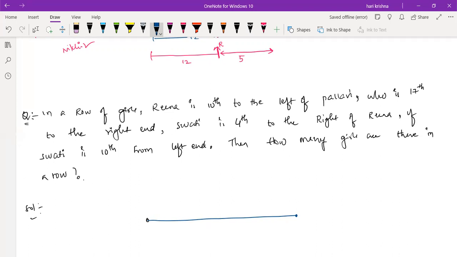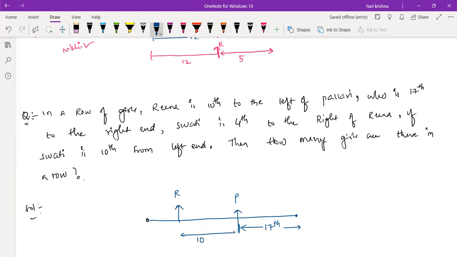So on the right hand, Pallavi is here, she is 17th from the right hand. Okay, but what about Reena's position with respect to Pallavi? Reena is 10th to the left of Pallavi. That means Reena, if you take here, is 10th to the left of Pallavi.